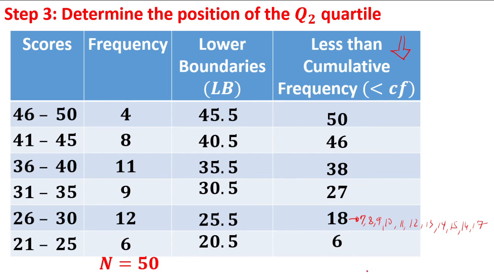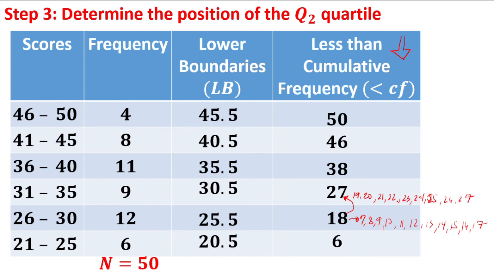Okay? But, the position of the second quartile is contained in 25th score. Nasaan dyan ang 25th score? Kanino bilang ang 25th score? So, after 18 is 19. So, ibig sabihin si 19 dito na siya kay 27. Okay? So, 19, 20, 21, 22, 23, 24, 25, 26, 27.